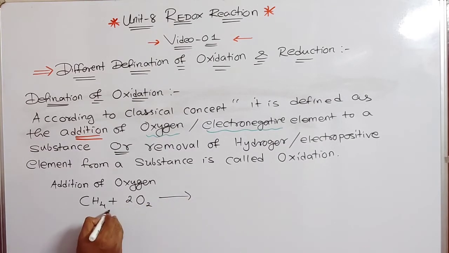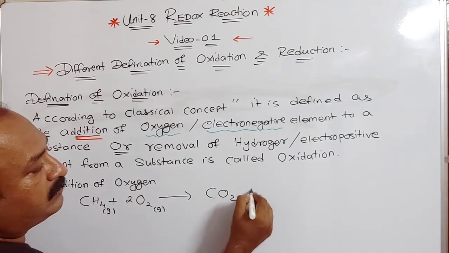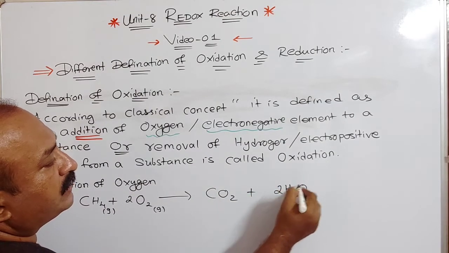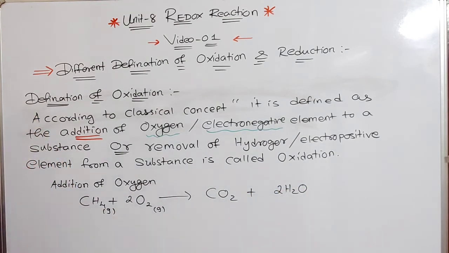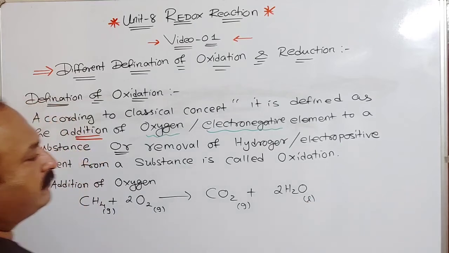Now both are in gaseous state. So methane when burned in air, you will get CO2 carbon dioxide plus H2O. Now this balancing you can do by yourself also. Here I am writing it directly. Now in this case, this is gas and this is in liquid form.